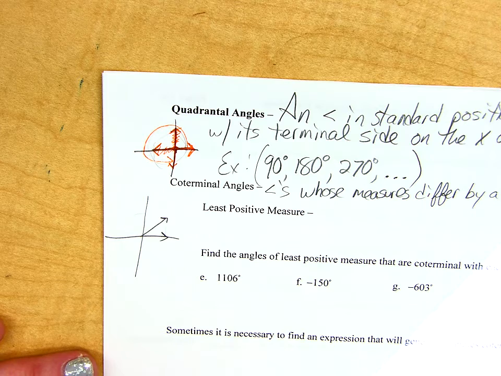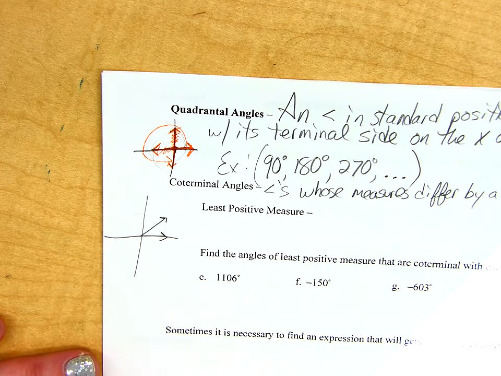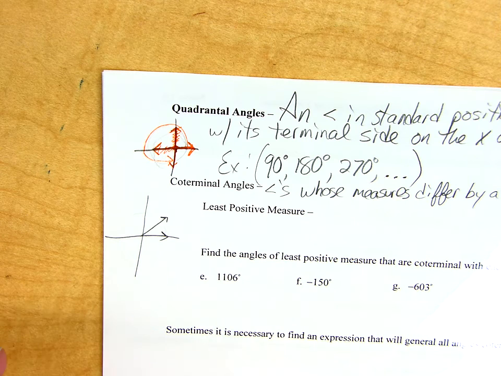So 40 and 400 degrees are coterminal angles because they only differ by 360. Right? Every multiple of 360 is just a full circle. So what if I asked you to draw an angle that was 760 degrees?